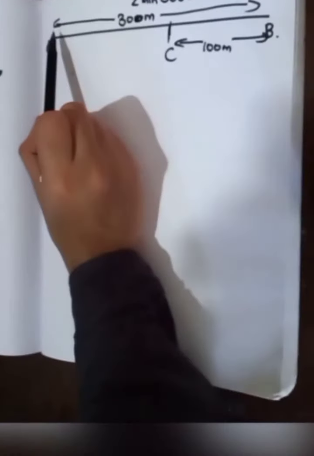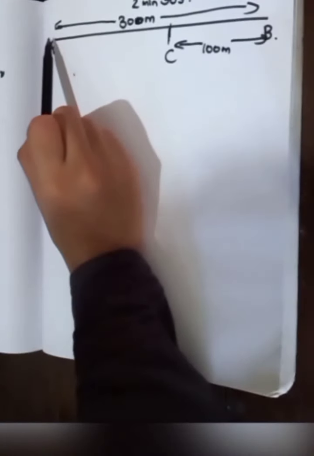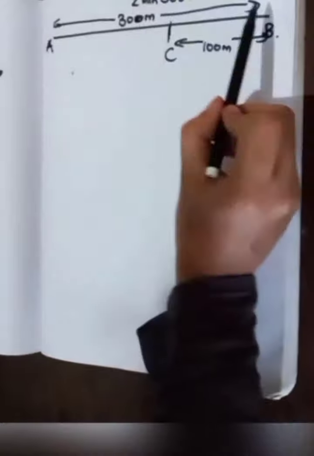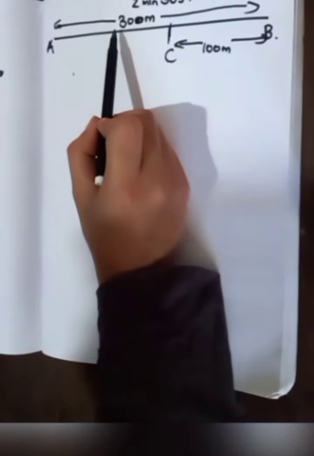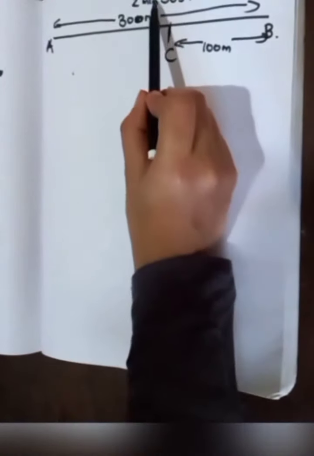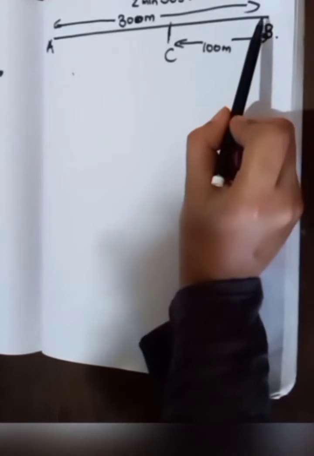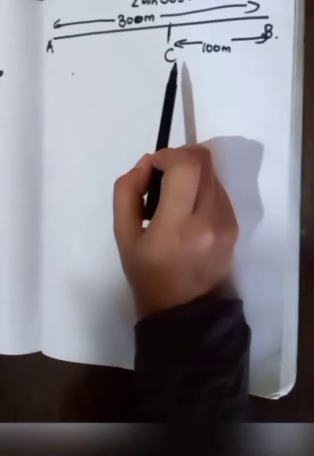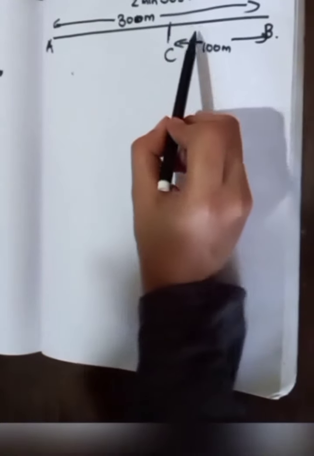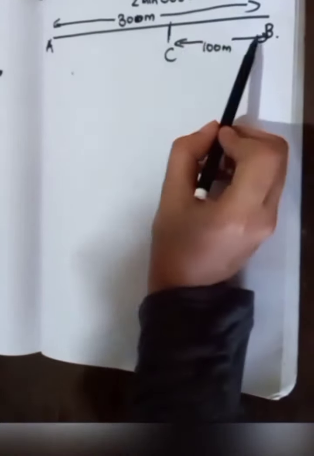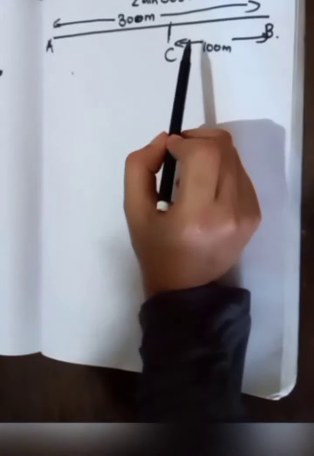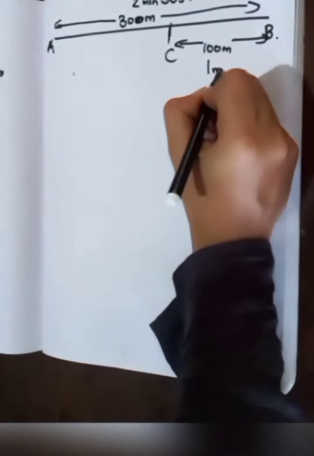First Joseph jogs from one end A to the other end B, that is 300 meter in 2 minutes 30 seconds, and he returns from the point B back to C, and he covers 100 meter there, and the time taken is 1 minute.